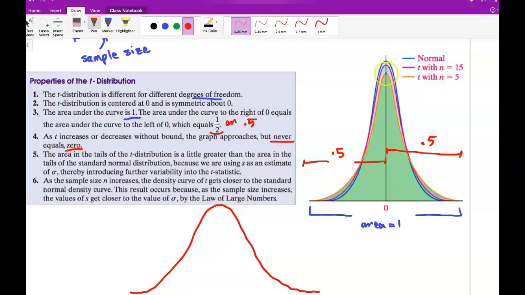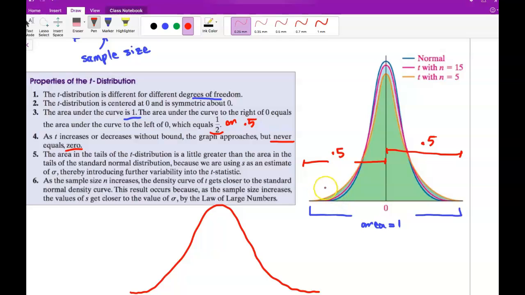See the difference? It's getting closer to the normal distribution when I increase the sample size. First I had this yellow one for sample size 5, but now I have this red one. Again, it's getting closer to what I have for the normal distribution.